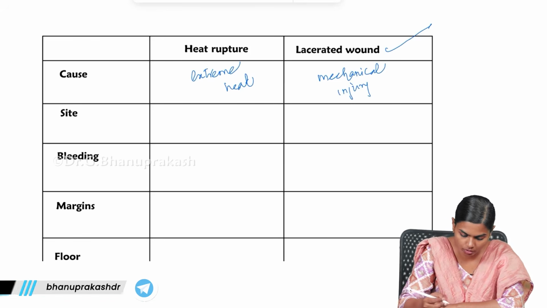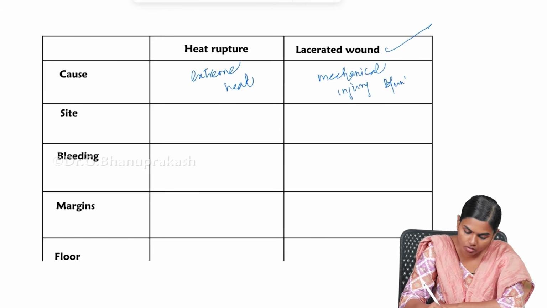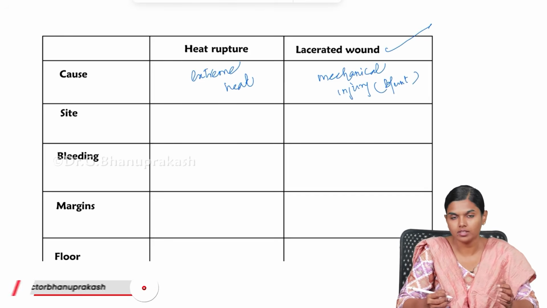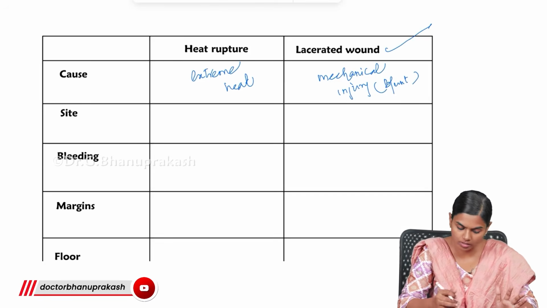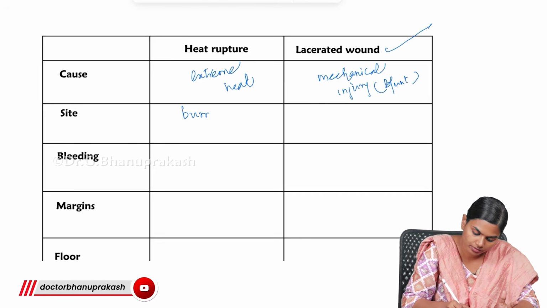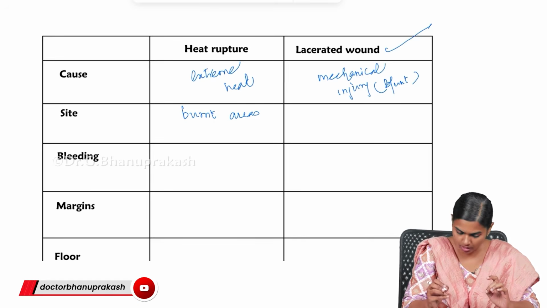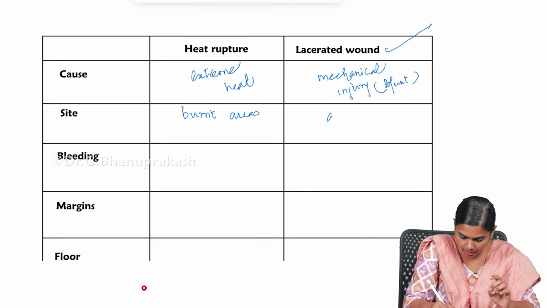So, this is usually due to blunt force trauma. And what is the site that is usually seen? Heat rupture is usually seen over burnt regions, areas with heavy burns, while a lacerated wound can be seen anywhere.